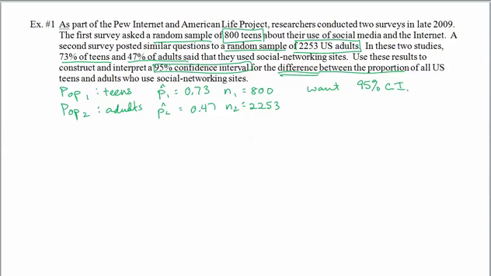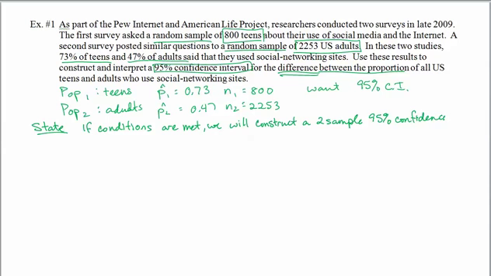So state: if conditions are met, we will construct a two-sample 95% confidence interval for the difference in the proportion of internet use between teens and adults.